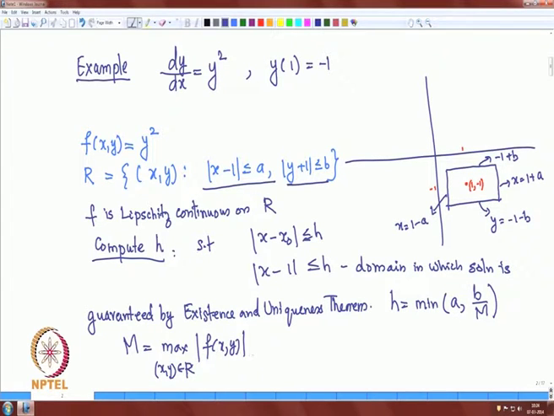And we know that the maximum value of m is attained on this line. So, the maximum value of y squared is on this side when y is equal to -1 - b. So, m is (-1 - b) squared, which is the same as (b + 1) squared.